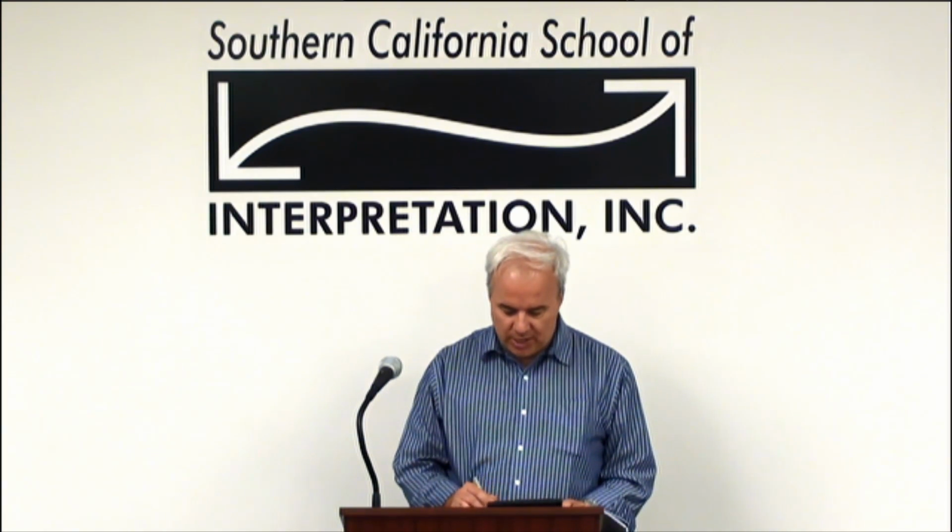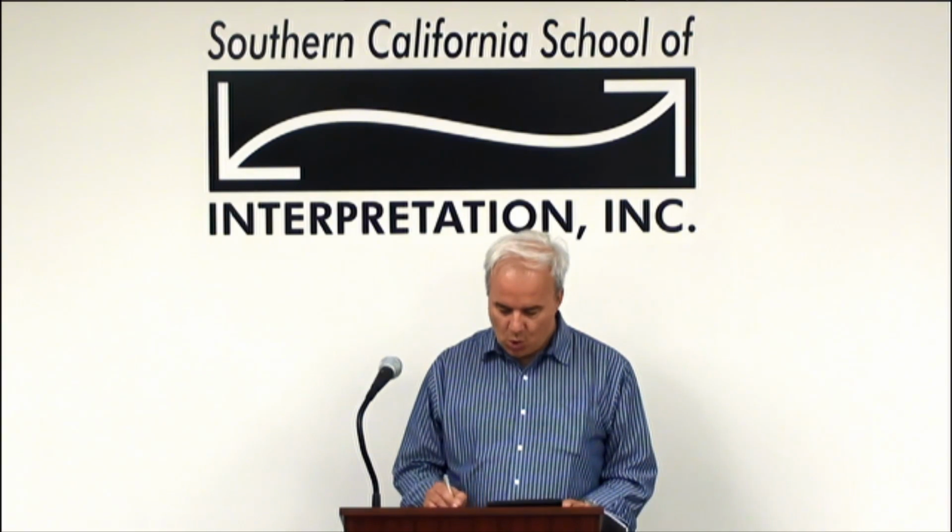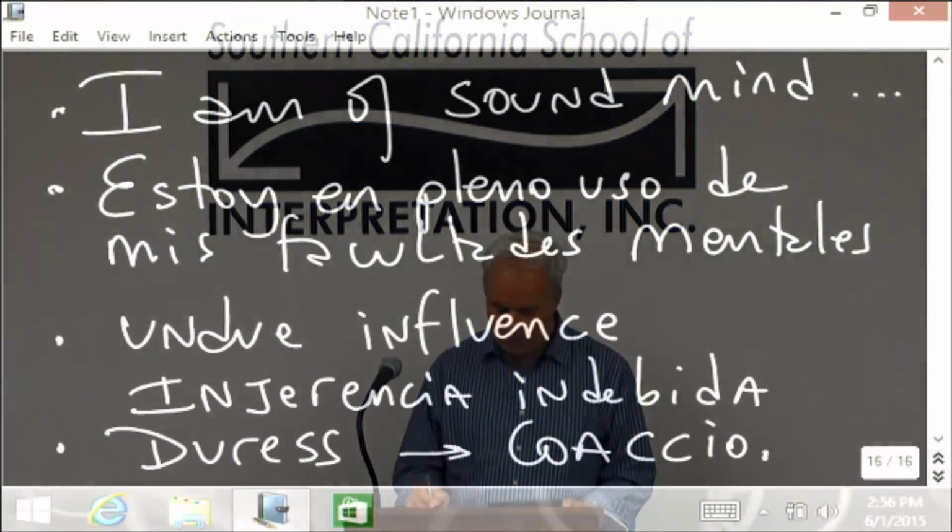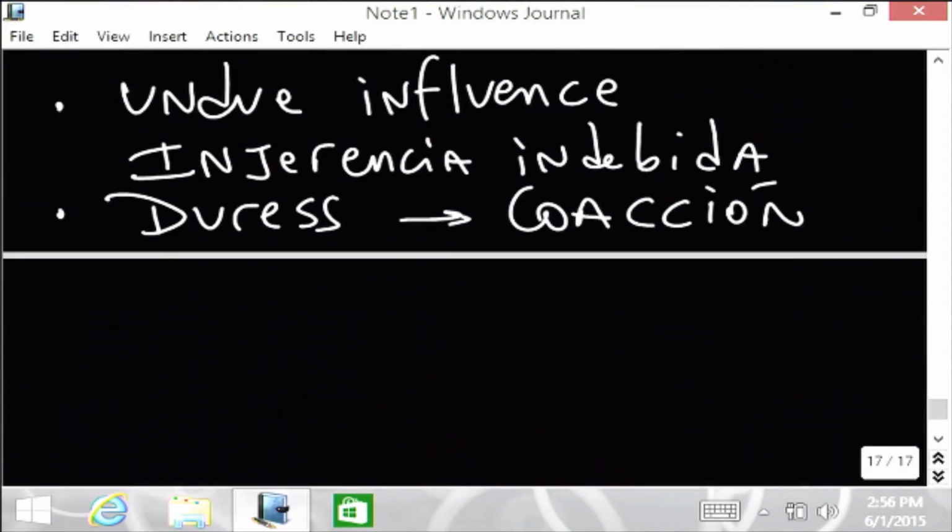All right? And then they also use the word duress, excuse me. Coacciones en español. And what does it mean? Somebody's forcing you to do something. Like they ask you to sign a document and they point the gun at you and they say, you better sign this document. That's under duress. Bajo coacción. That's what it really means.